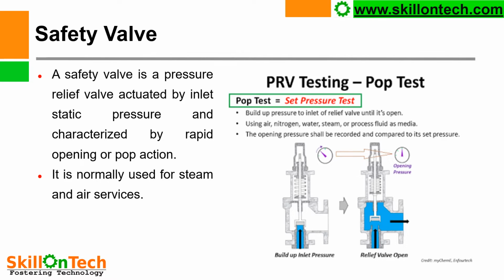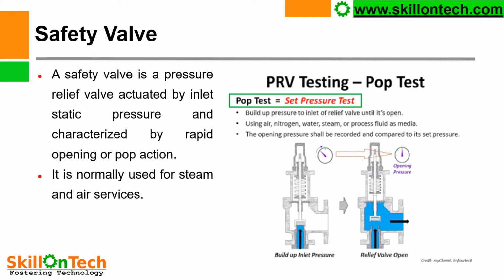When a safety valve releases overpressure, that is called a popping action, and the testing of that valve is called a pop test. Generally, the pop test is done at a set pressure, and the set pressure of a safety valve is generally 10% more than the operating pressure.